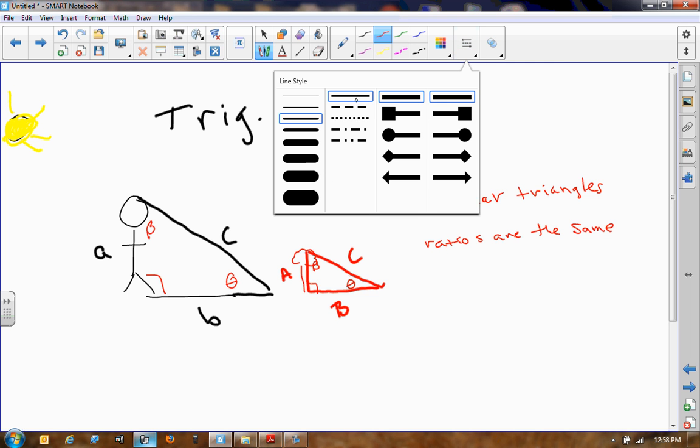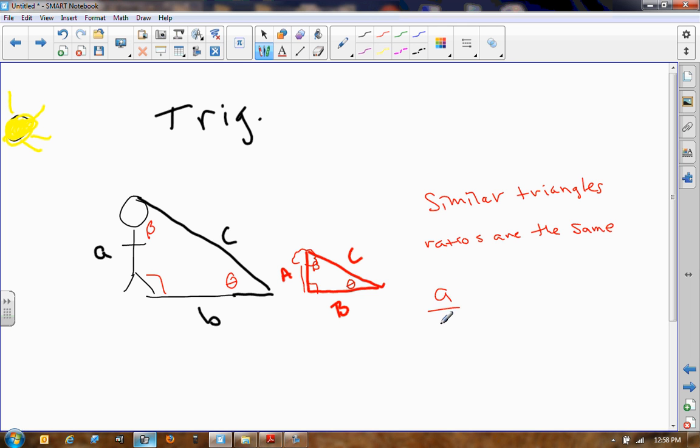So big A over little a is the same thing as big B over little b, which is the same thing as big C over little c. And the ratios can be changed. You could go big A over little a, big B over little b, big C over little c. Those ratios are always the same.